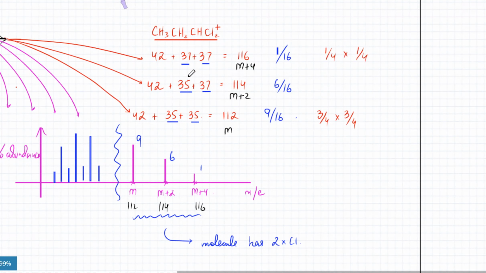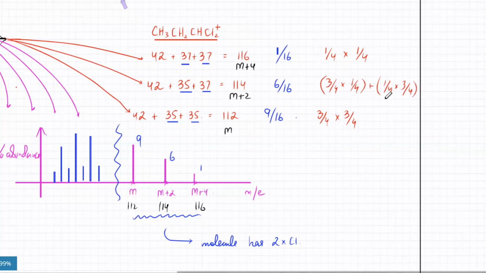Now, one of them is 37 and one of them is 35. The chances of that would be that either the first one is 35, so that's 3/4, and the second one is 37, that's 1/4. Or it could be the other way around, so that's a plus: the first one is 37 and the second one is 35, so it's going to be 1/4 into 3/4.